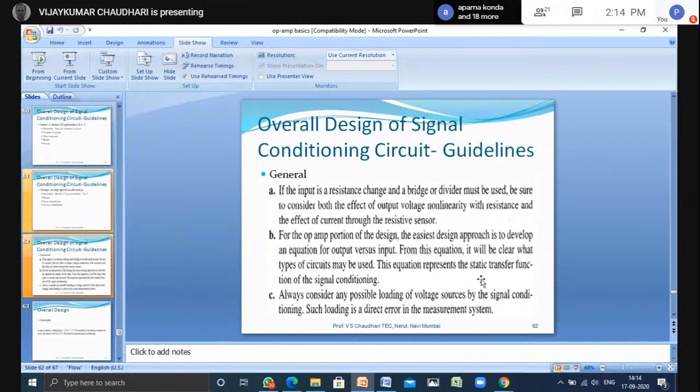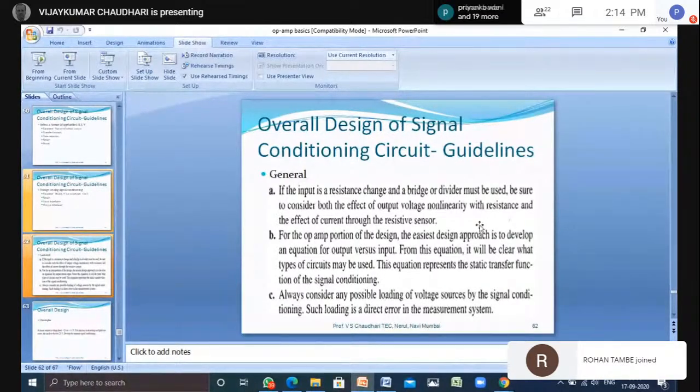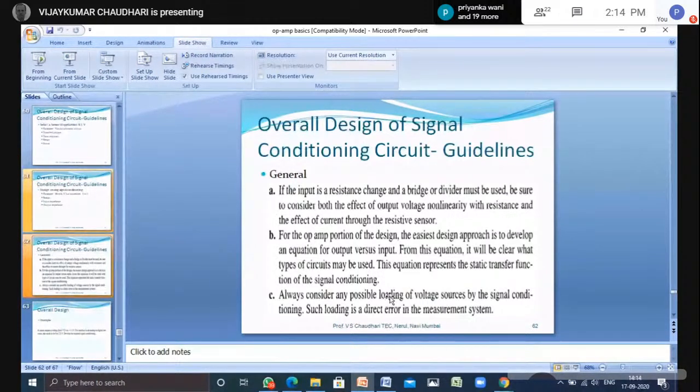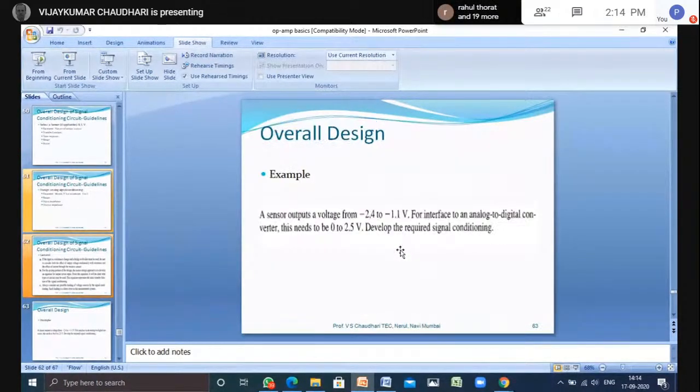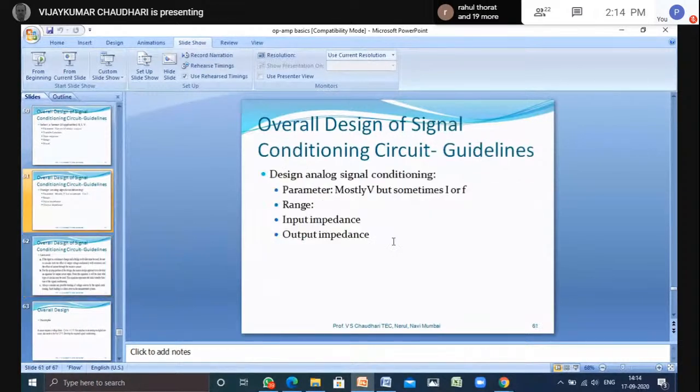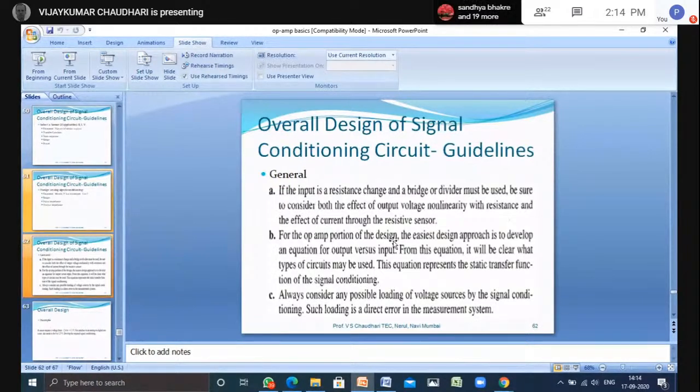Or if there is low output impedance at the output of the device, then a low resistance must be connected in parallel so that the output impedance will be low. So this should be taken into consideration. These are the general guidelines then.